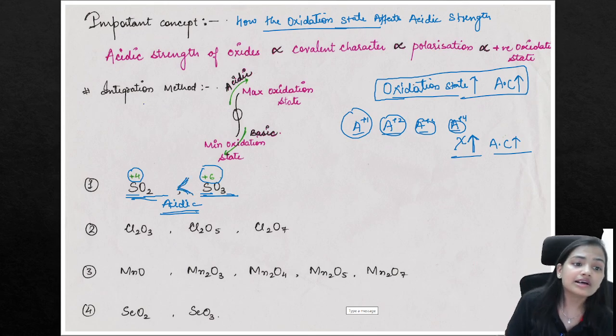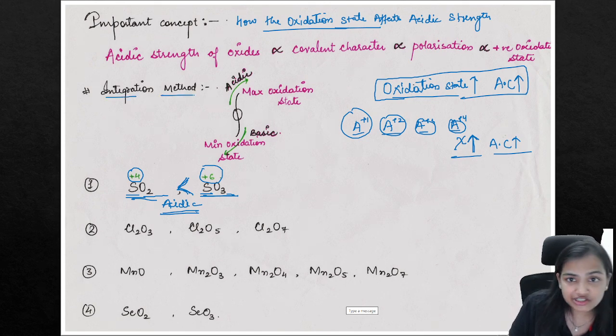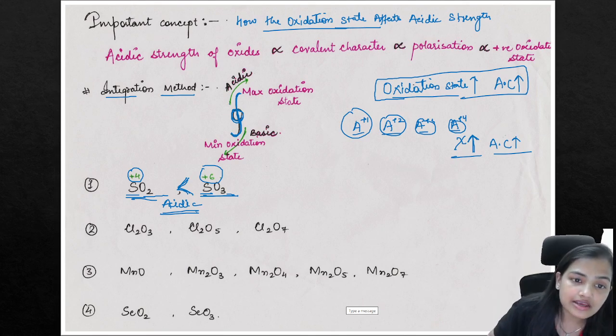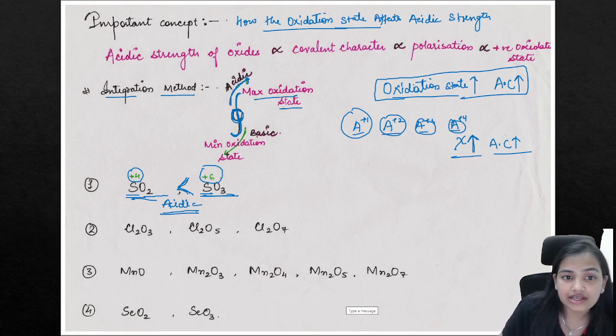Simply, I have given this as the integration method. The integration method says this is O for oxidation and this is S for state. This integration sign says that if the oxidation state increases, the acidic character also increases.